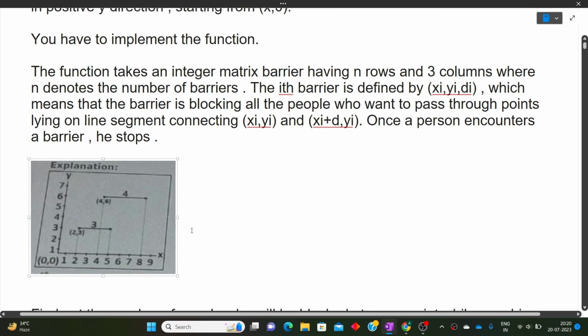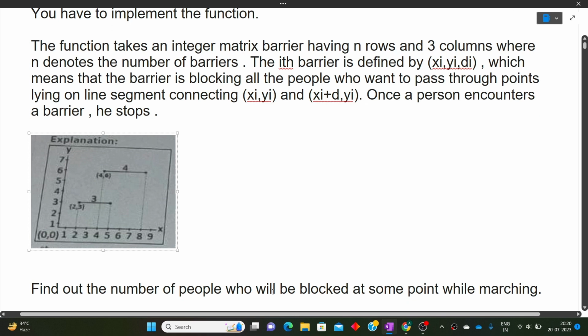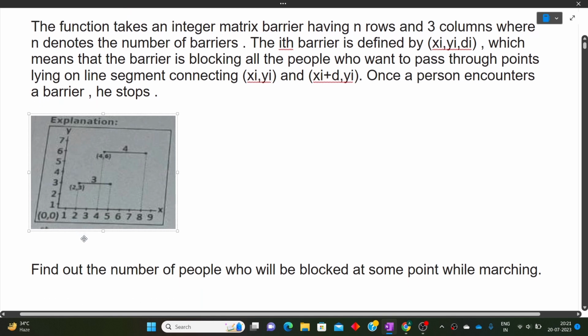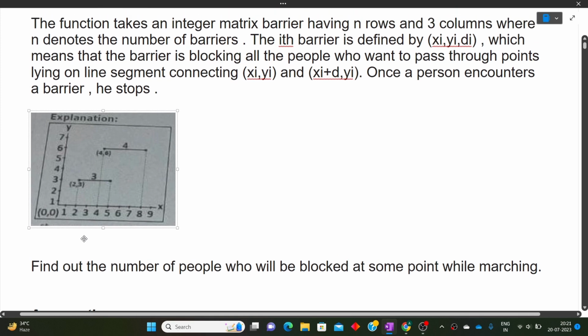We have to find out the number of people who will be blocked at some point while marching. So we'll have to tell the number of people who will be blocked once they are moving. Here, how many people will be stopped? The person starting at 2 will be blocked by this barrier, and 3, 4 and 5 will also be blocked by this barrier only. So a total of 4 people will be blocked by this barrier.